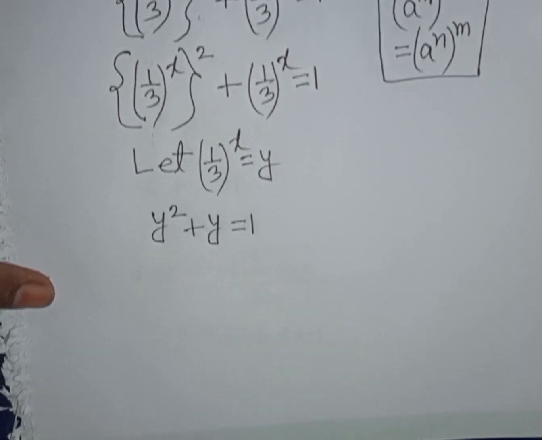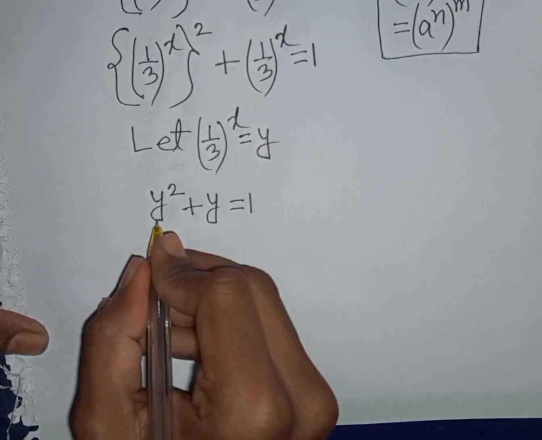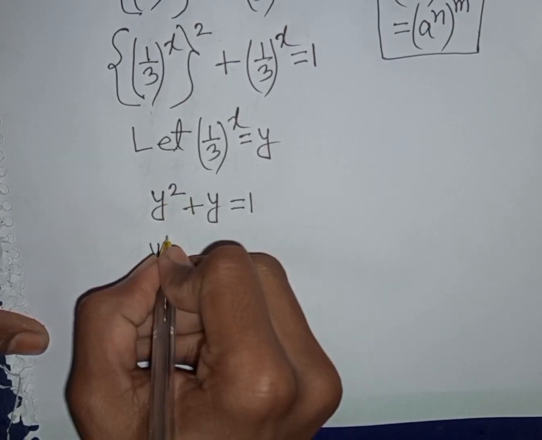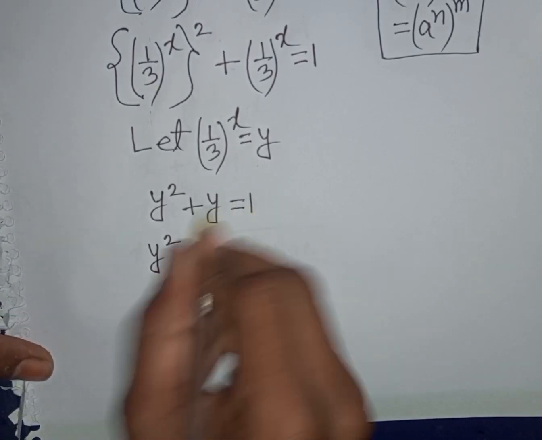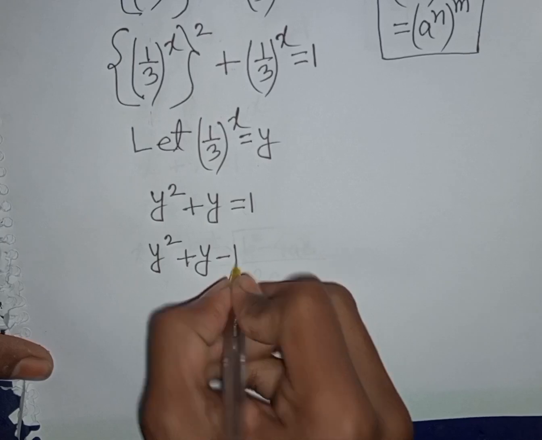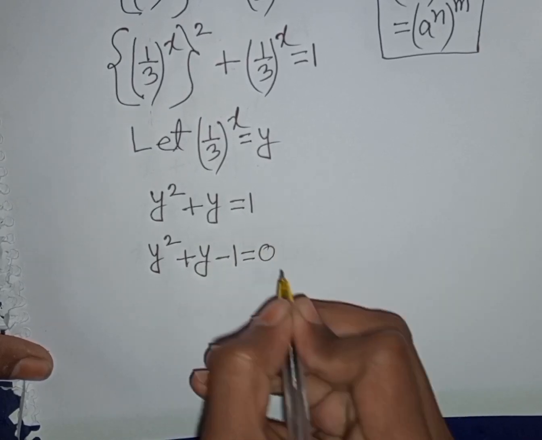Now we can write here y squared plus y, then this plus 1 taken to the left side will be minus 1, is equal to 0.